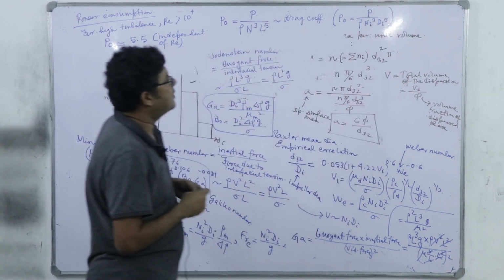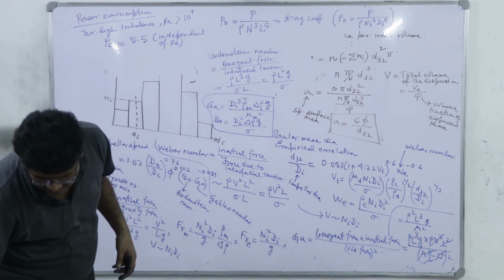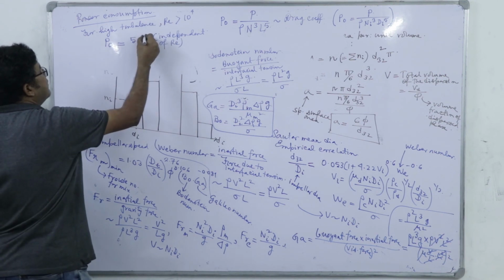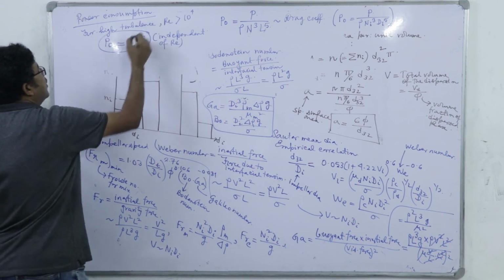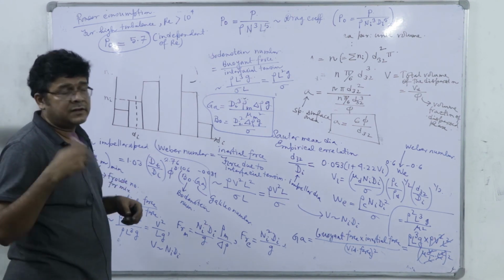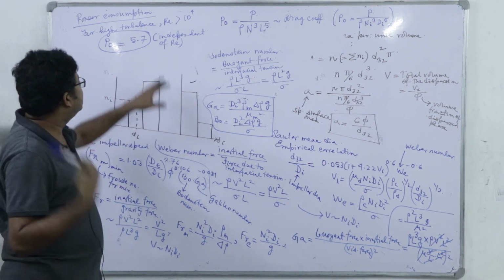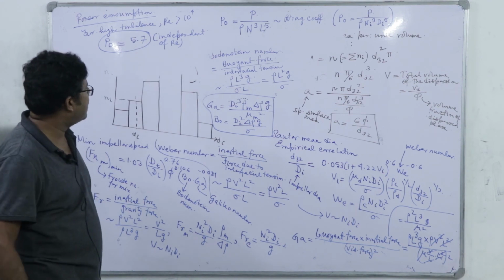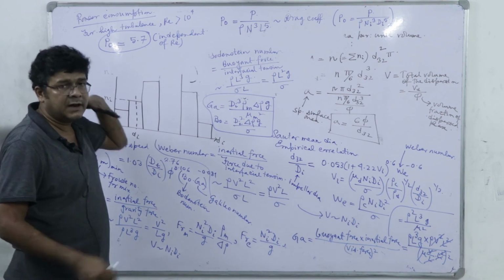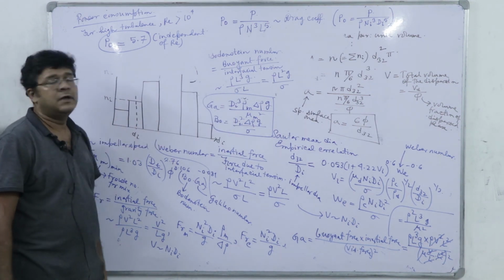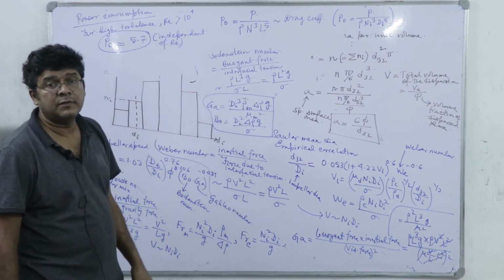So, if I say that power number is equal to 5, or exactly 5.7, not 5.5, 5.7, this you can note and remember. We will also have certain implication in this agitation and mixing for this mechanical operation. So, there the power number flattens off, it attains a lower threshold for Reynolds number greater than 10 to the power 4.